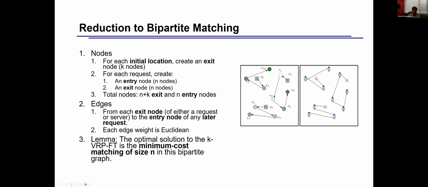This way you can trace out a path for each of the unmatched exit nodes. Also, you can argue that there cannot be a cycle, simply because of the way we created the graph. Edges only go from exit nodes of lower index to an entry node of higher index. So this will not create cycles, and basically all requests fall on one of these k paths.